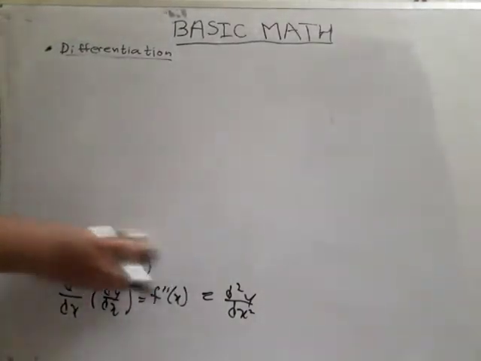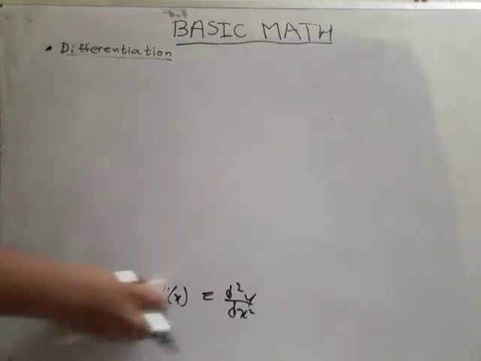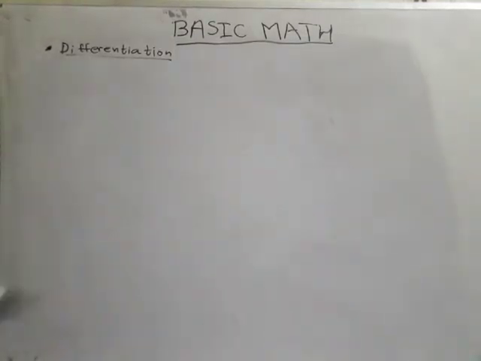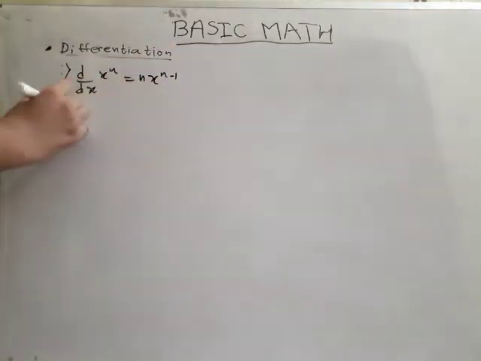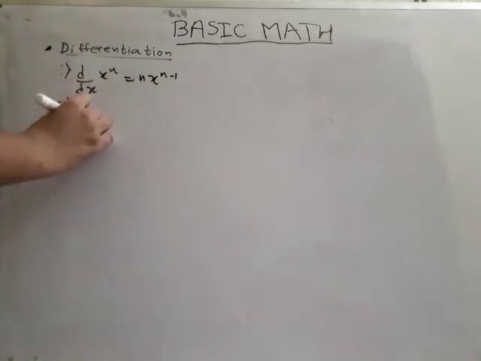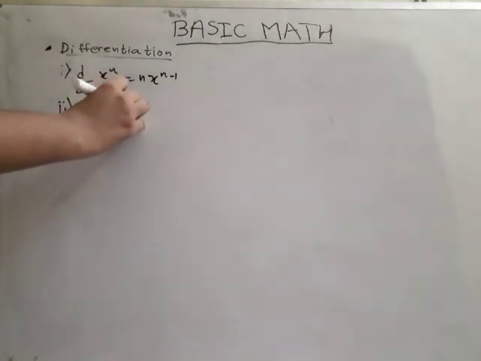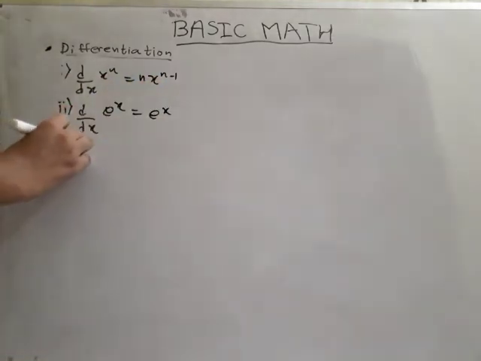Now I will go on writing the formulas of differentiation. Please note those down, and then I will show you how to do differentiation of different functions. d by dx of x to the power n becomes n x to the power n minus 1. d by dx of e to the power x becomes e to the power x. d by dx of a constant term: a constant term means it is not a function of x, it is just a constant.